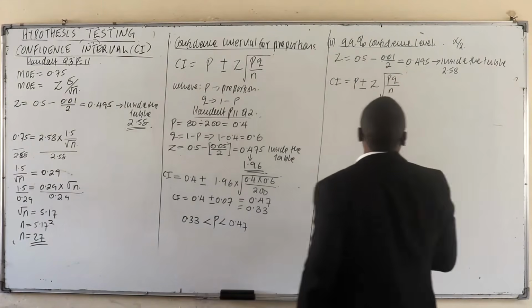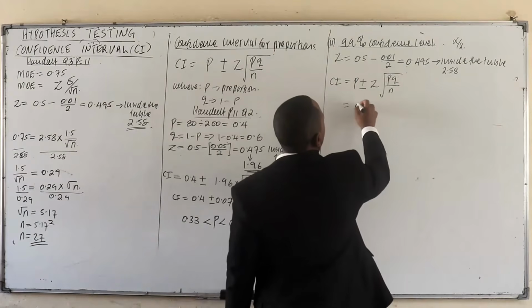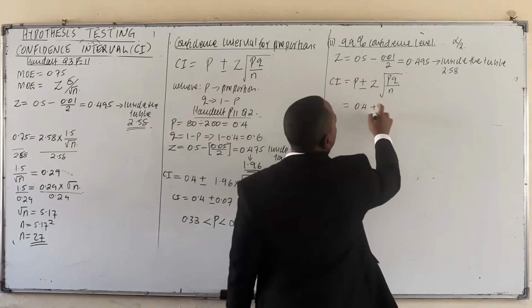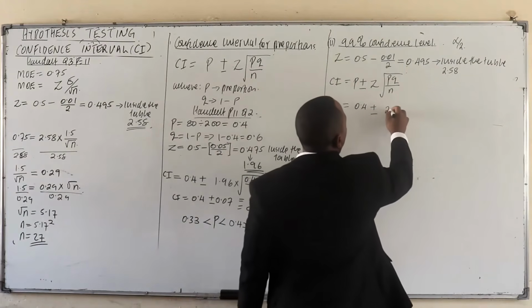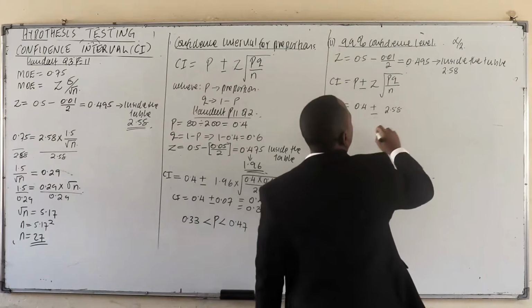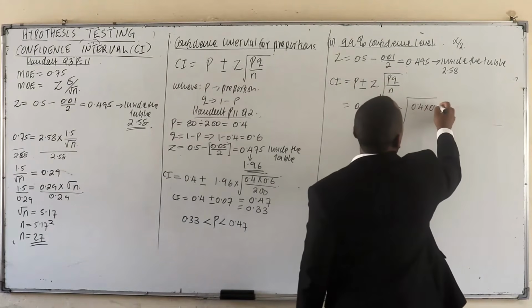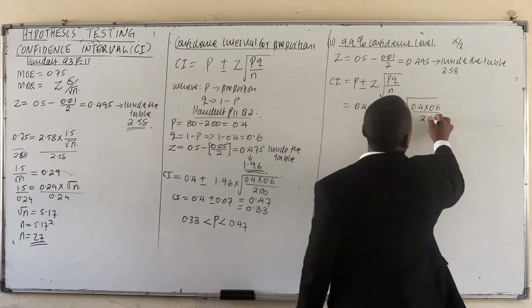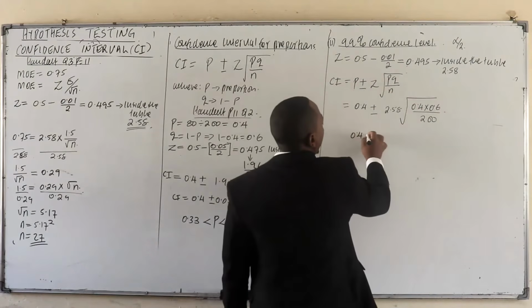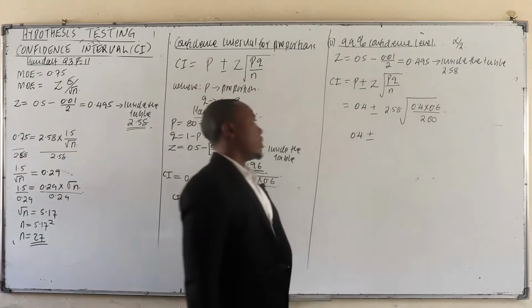So to get the confidence interval, it is the proportion plus or minus Z times the square root of PQ over n. The proportion does not change. It was 0.4 plus or minus. Now Z has changed: 2.58 times the square root of P 0.4, Q 0.6, n 200. So it will be 0.4 plus or minus.